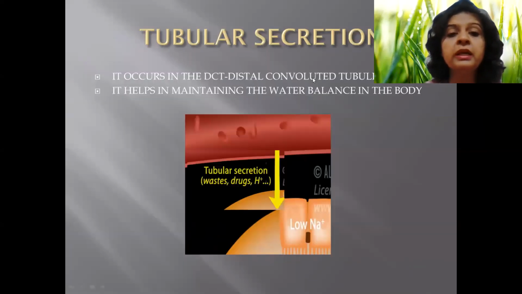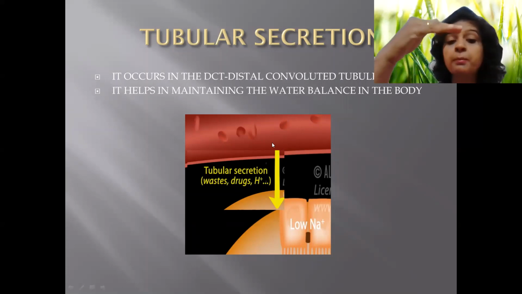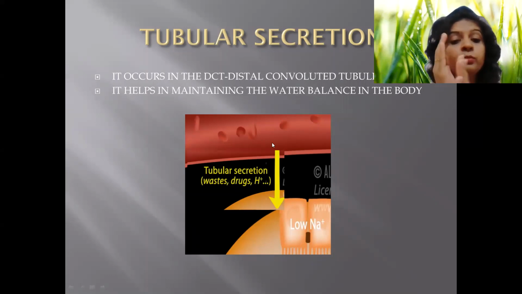Now you can see the third thing that is occurring is the tubular secretion, which occurs in the DCT, and it helps in maintaining the water balance of the body, the water ionic balance of the body. Now here from the blood, as I said, secretion means blood से tubule में आना. Reabsorption was nephron से blood में जाना.